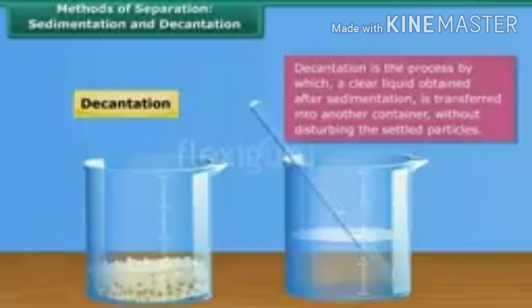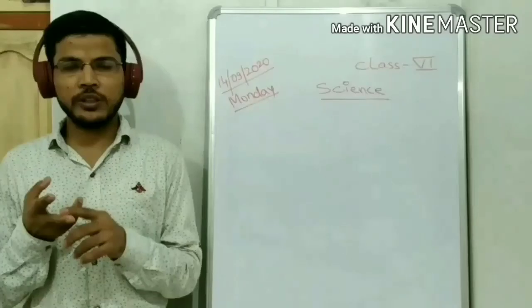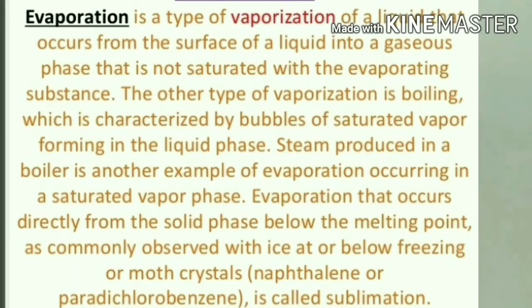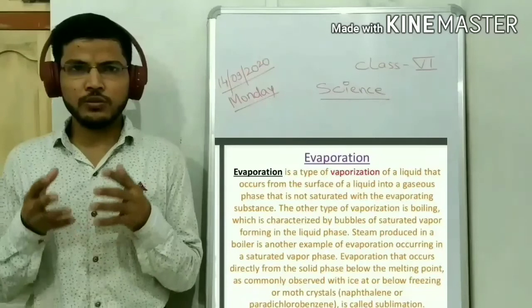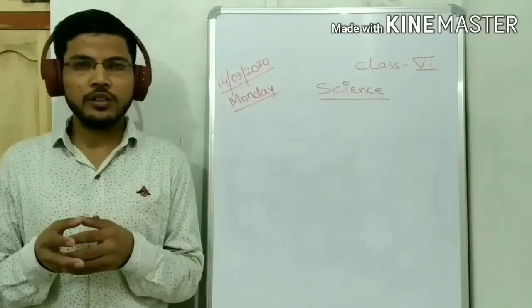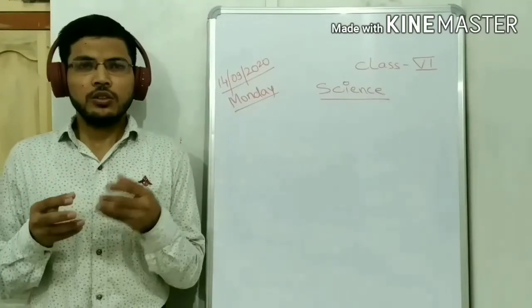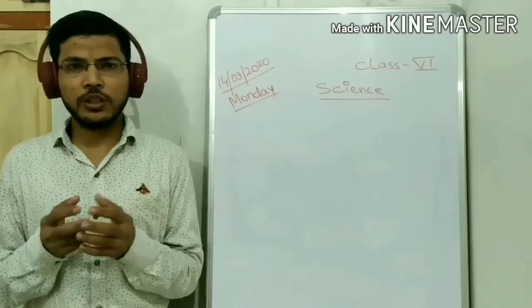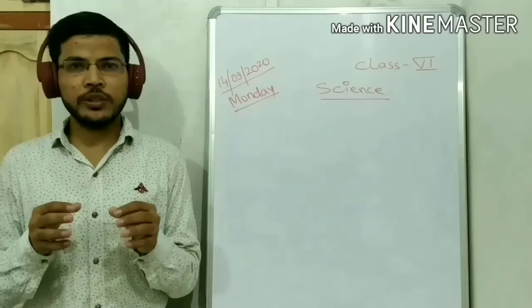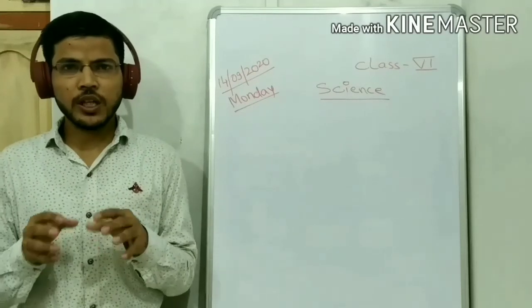Similarly, there are other separation methods too. Let us discover them in this module. Evaporation and condensation. In this process, we leave the mixture under the sunlight for a few minutes, depending upon the nature of the component, so that the liquid evaporates by the heat of the sun and the solid remains at the surface.